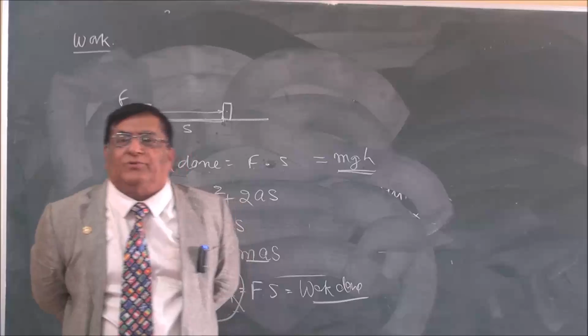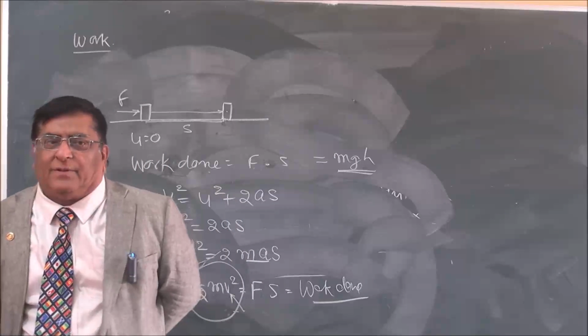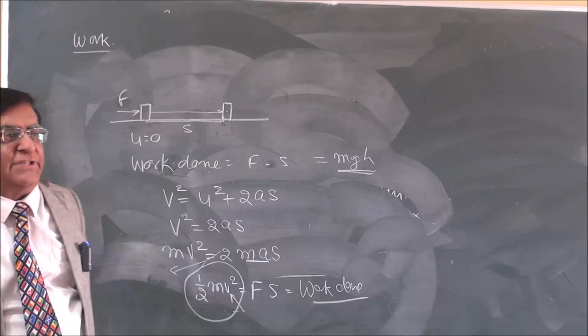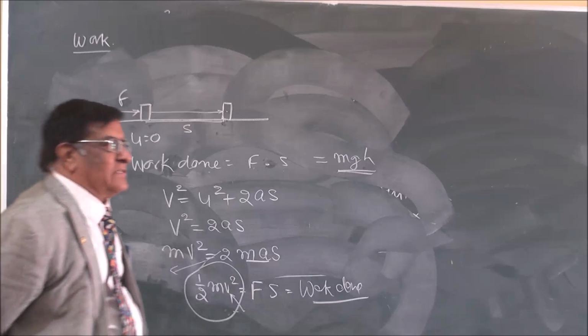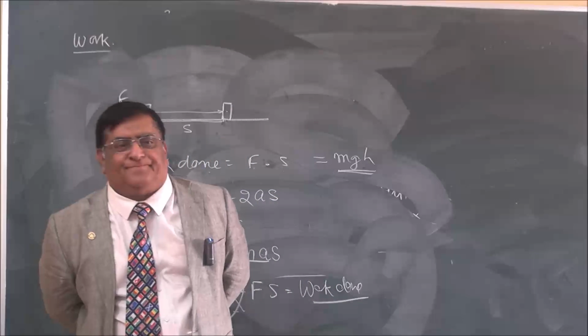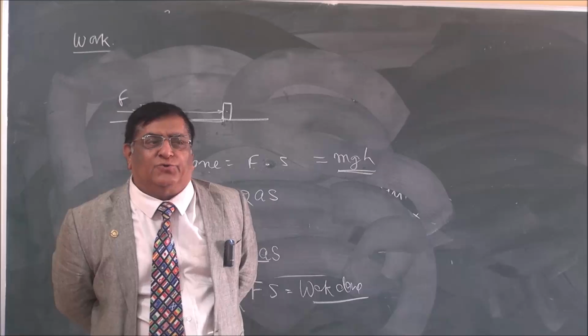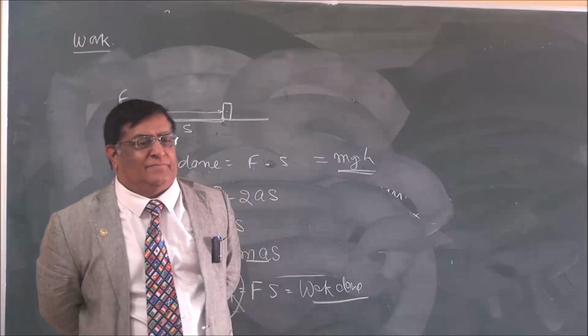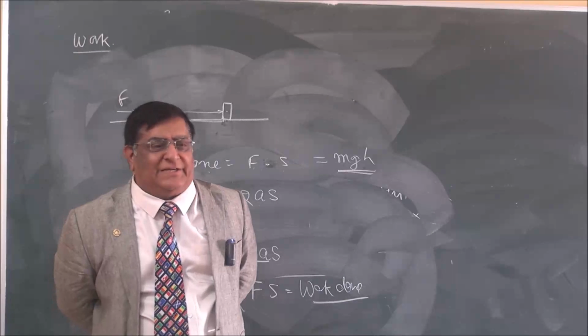Now the most important thing in the work, that is the work energy theorem. Please try to understand it. Whenever we do work on a body, I lose my energy and that body gains energy, right? This is transfer of energy.